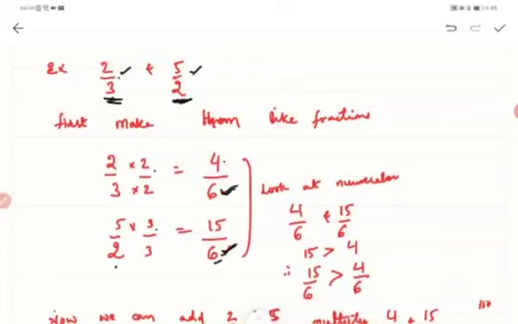So you can now easily compare your numerators. So 15 is greater than 4? Therefore 15 by 6 is greater than 4 by 6, or you can say that the equivalent of 15 by 6 is nothing but 5 by 2, which is greater than 2 by 3. Yes, this is how you compare two given rational numbers.